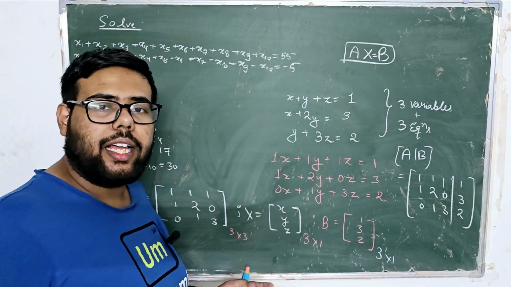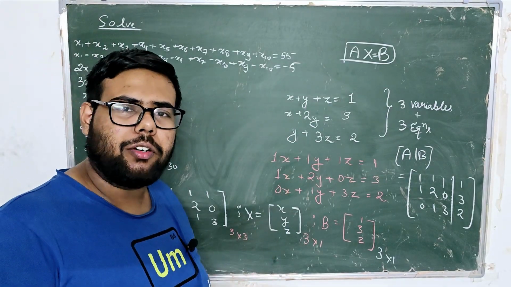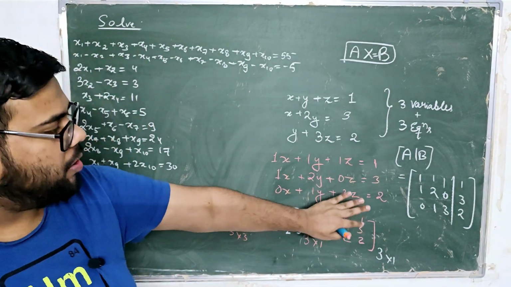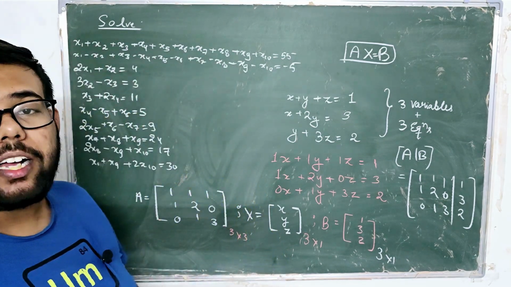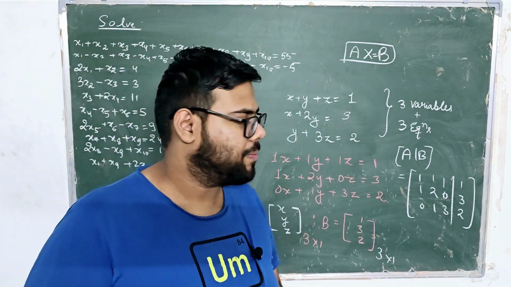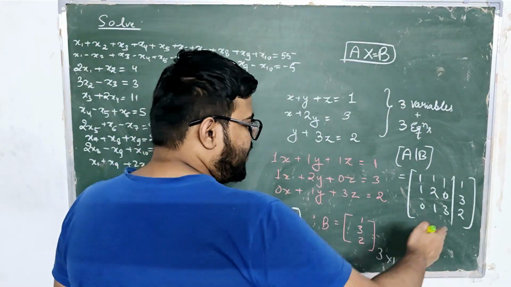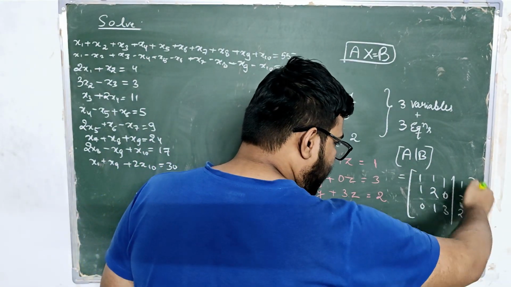Now you will apply elementary row transformation operations to solve it further, and we are going to find pivots over here, right? So let's see, we have got this augmented matrix.